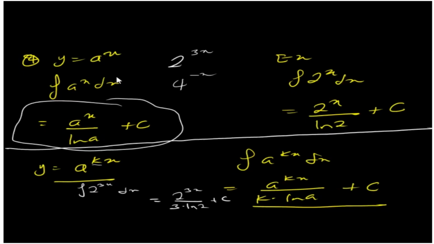So to integrate a raised to power x, it's a raised to power x over ln a. To integrate a raised to power x, your a can be any number. It can be 2, 3, 4, 5, 6, -1, -2, -3.